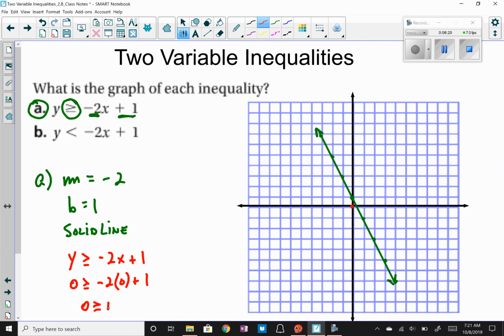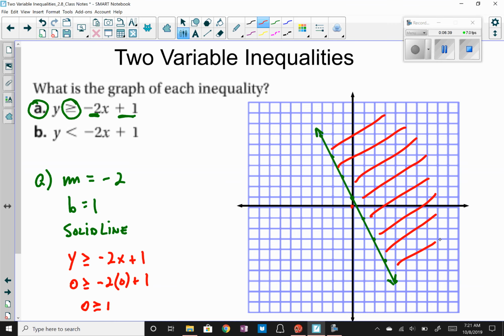Okay, so here it's telling us that 0 is greater than or equal to 1, which is not true. And when it's not true, we want to shade away from the test point on the other side of the line. So our shading would go here. Our solution region is to the right of the line.